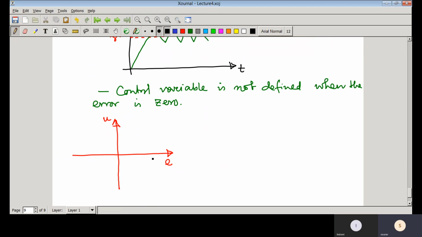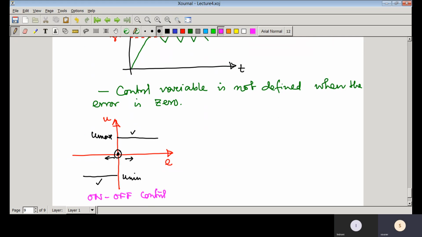Whenever error is positive, you have some value, u max, and whenever error is negative, then you have u min. But you do not know at this particular point, when error equals 0, what value you have to take. So this is actually the on-off control strategy.